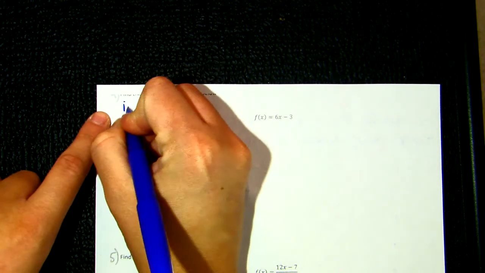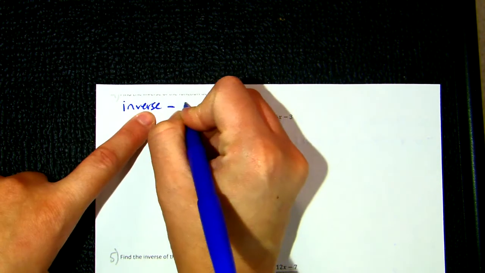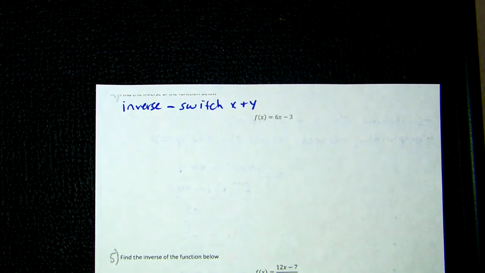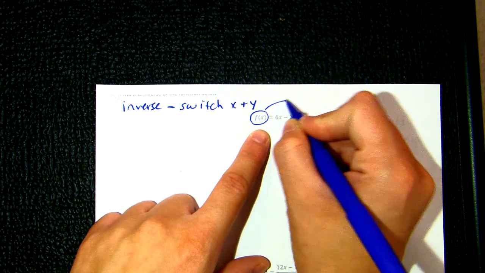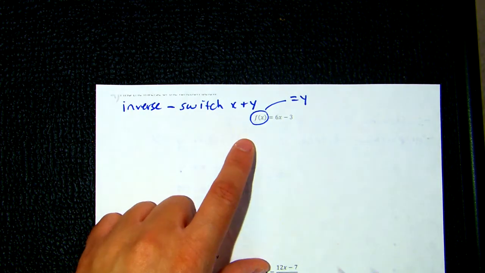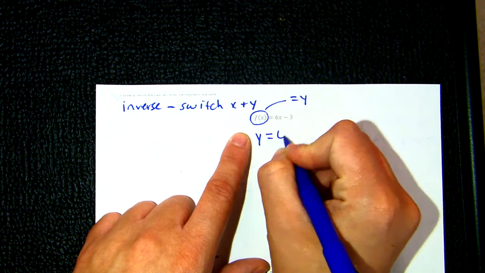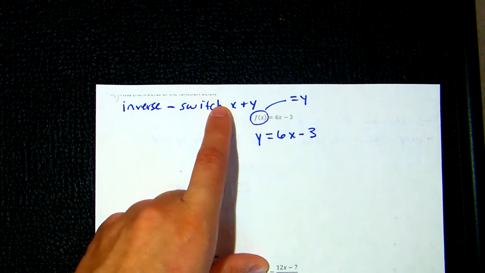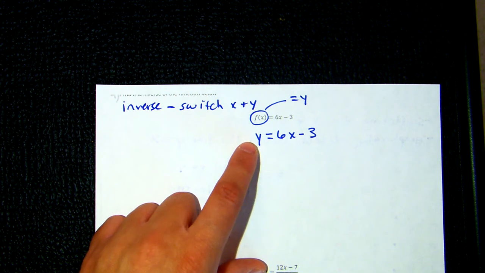All right, next 3 questions are all solving algebraically, so switching our x and y values and solving for y. I know that this cut off here, but it says find the inverse of the function below. So if I'm finding the inverse, inverse means switch x and y. So the first thing that I'm going to do to make my life a little bit easier, f of x is the same thing as y. So I'm going to rewrite this as y is equal to 6x minus 3. It's the first thing I'm going to do, because if my definition is switch x and y, I want to make sure my equation has an x and a y.